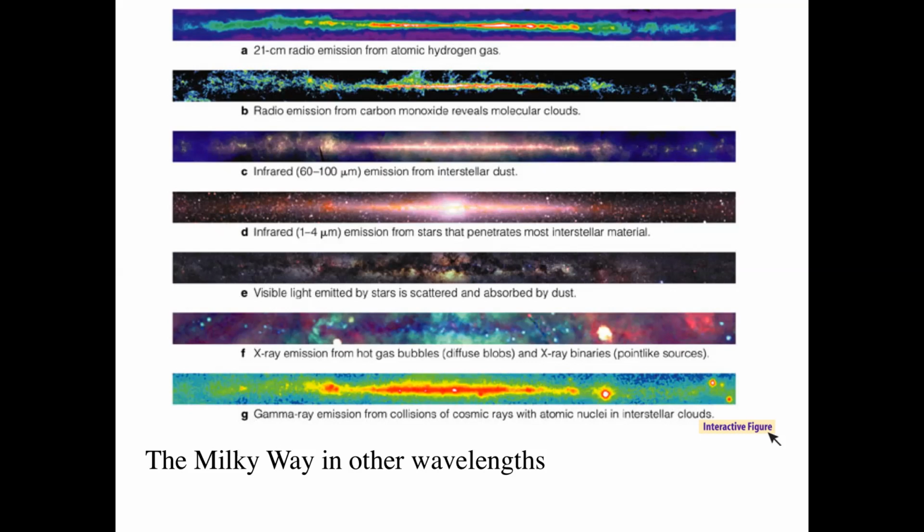But this one, the 21 centimeters, is a very low energy photon. It's a very long wavelength, a very low energy photon. And this comes from two very close states in the ground state of hydrogen. So if you have a cold hydrogen atom sitting there, it turns out that there are two states.